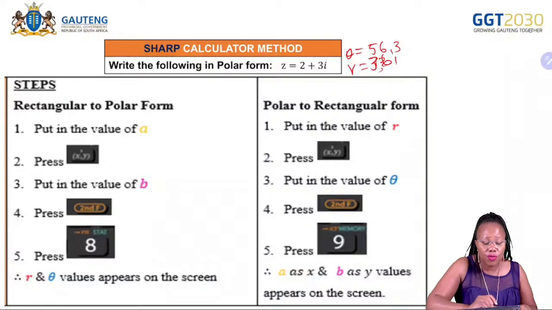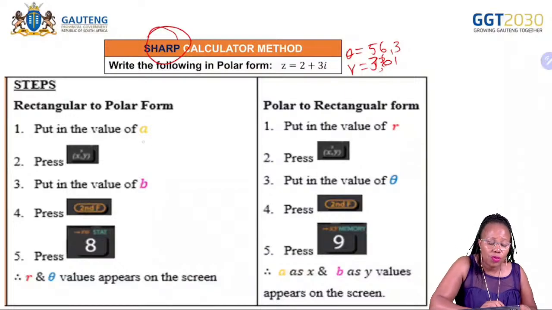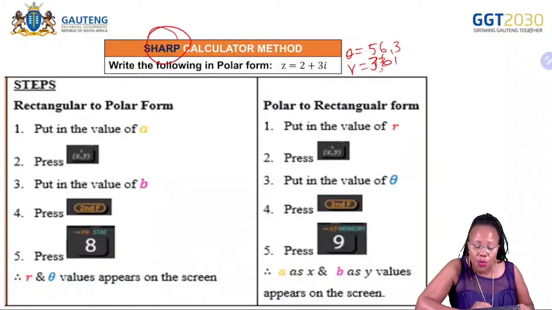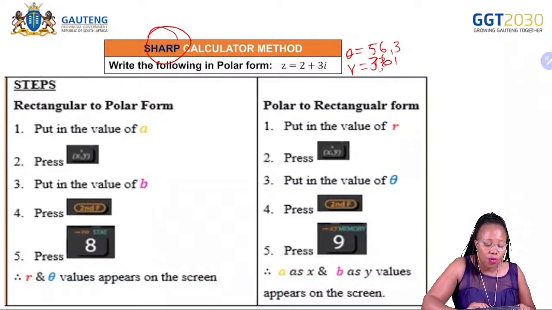So now we can use your calculator, Sharp calculator, if you are using a Sharp calculator. So now what do you do to change this into a polar form? You go to your calculator, and then you press the button, put in a value of A, you press this button here.